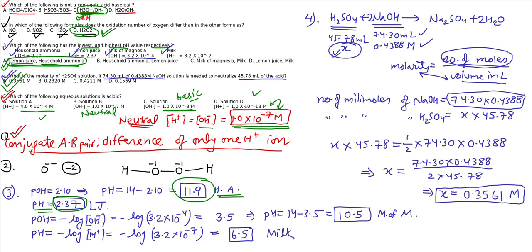So H plus is very small, so this cannot be an acidic solution, because in an acidic solution the H plus ion concentration should be much larger than this. So you find that only the first option has the H plus ion concentration much higher compared to that in a neutral solution. So the correct answer will be the first one, A. So option A is the correct answer for question number 5.